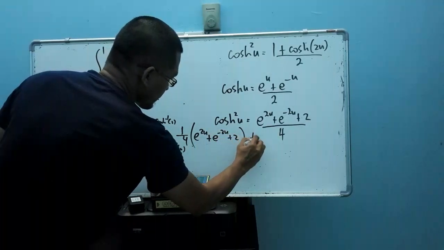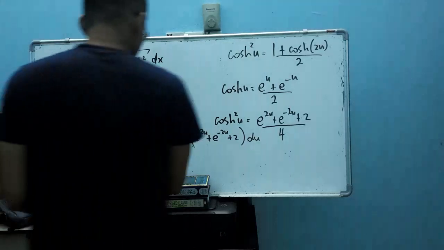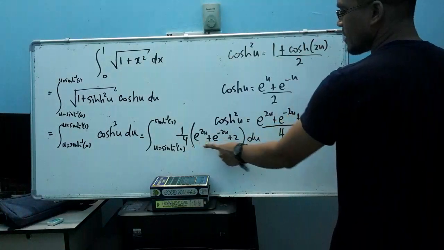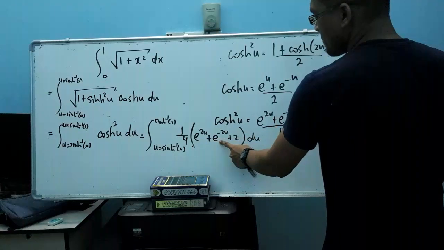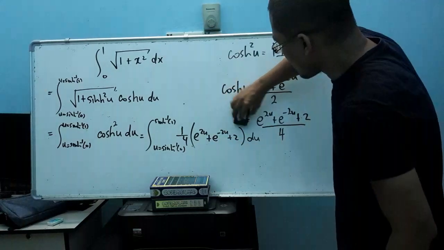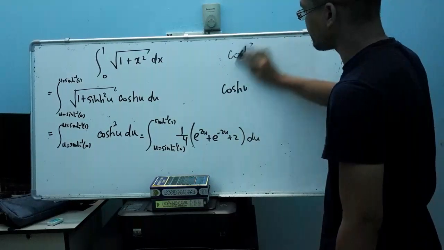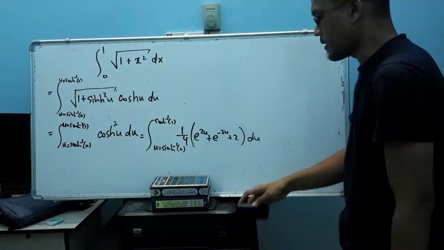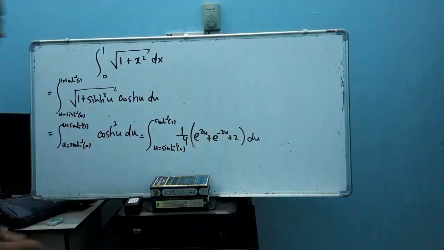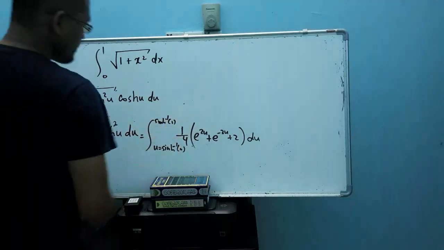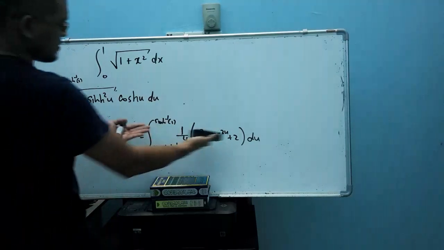You have exponential terms here, and then we have 2 here, so it is straightforward to evaluate. These are easy functions, so you can just integrate this and finish the calculation.